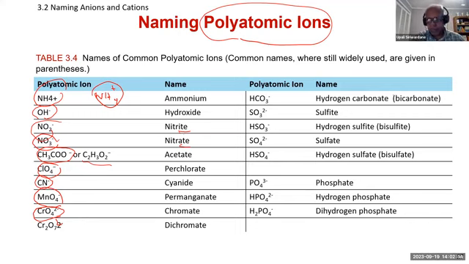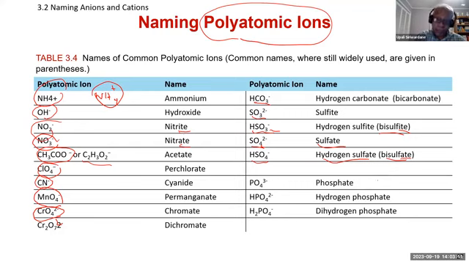Hydrogen carbonate, or bicarbonate, is a polyatomic anion here. Sulfide, hydrogen sulfide or bisulfide. Sulfate ion is SO4 2 negative. Hydrogen sulfate, or bisulfate. When I have 3 oxygens it is ite; when you have 4 oxygens, more oxygens, it is ate.